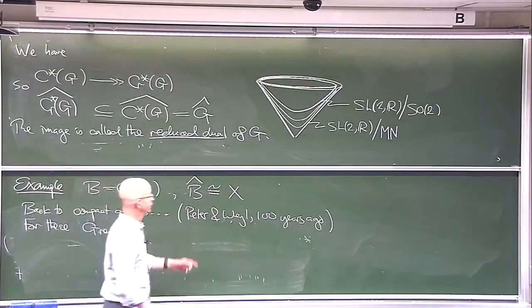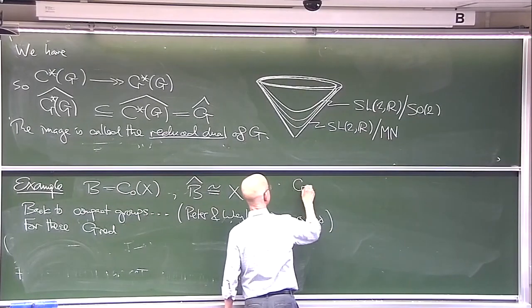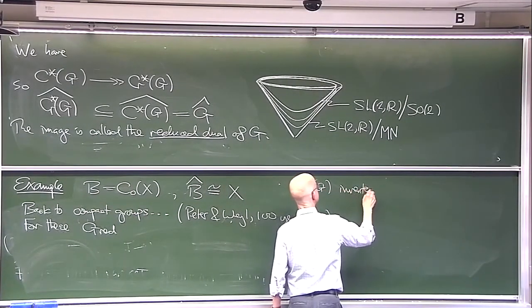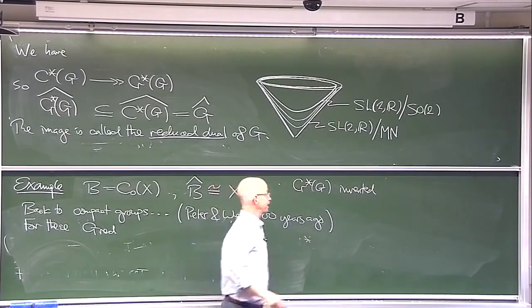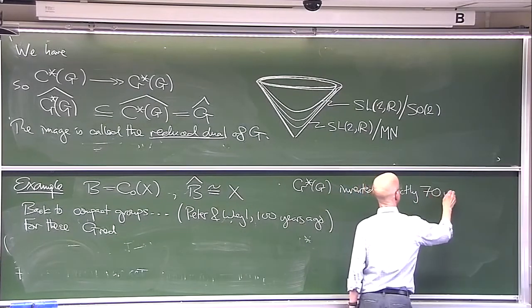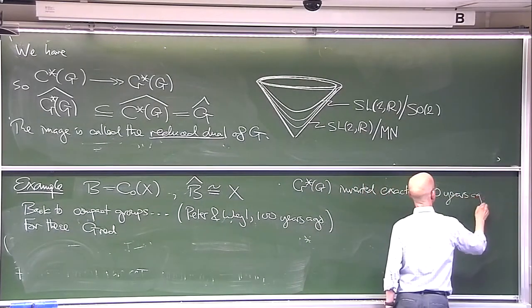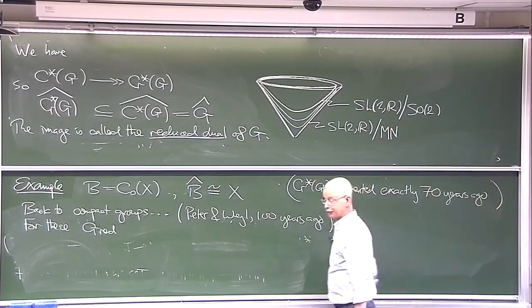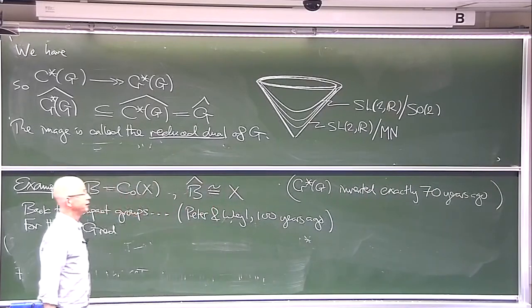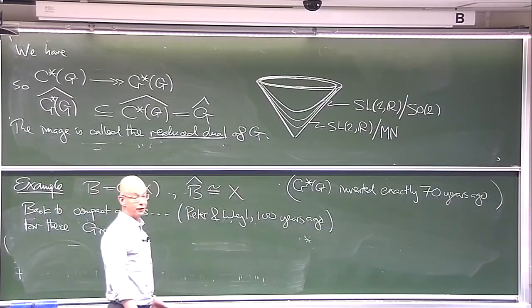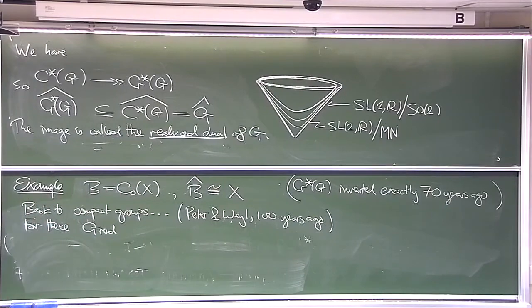Oh, by the way, I forgot to say that this reduced C star algebra was invented exactly 70 years ago. It has a birthday. So happy birthday to the reduced C star algebra. We had a conference for Lee, a Pugh medalist, who was also turning 70. So the C star algebra of G shares a birthday with Lee, more or less.